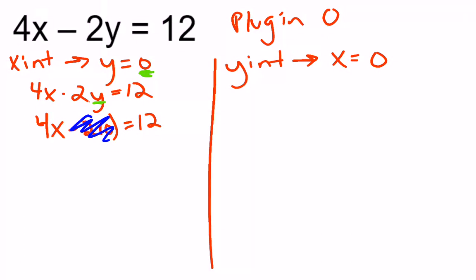And now how do I get x by itself? You're going to divide by 4 on both sides. So x equals 12 divided by 4 is 3.